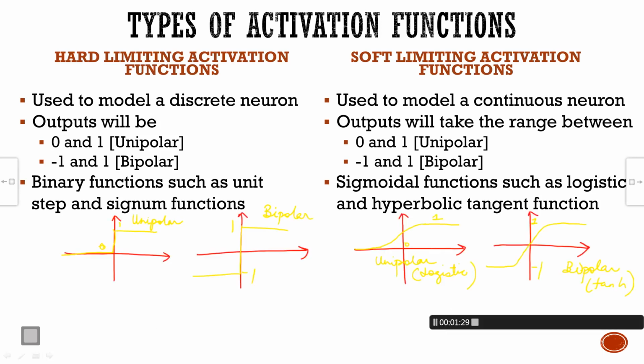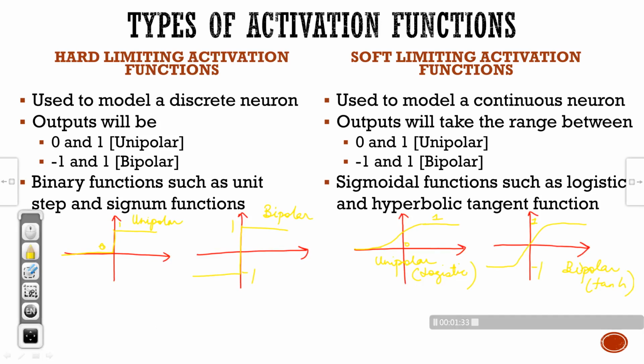So we have the unipolar function and the bipolar function. This is the unipolar hard limiting function, and this is the bipolar hard limiting function. So this is your unit step function and this is your signum function.